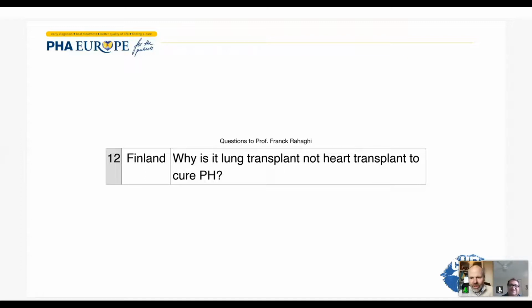Finland has a question. Why is it lung transplant, not heart transplant, to cure PH? I don't know if that's a good question. So you ask a very good question. What causes the disease, and this is why I hate the word pulmonary hypertension. I think we should name it pulmonary vascular restriction, because then it makes things a lot easier, and you don't mix up people that don't have to do anything with each other.